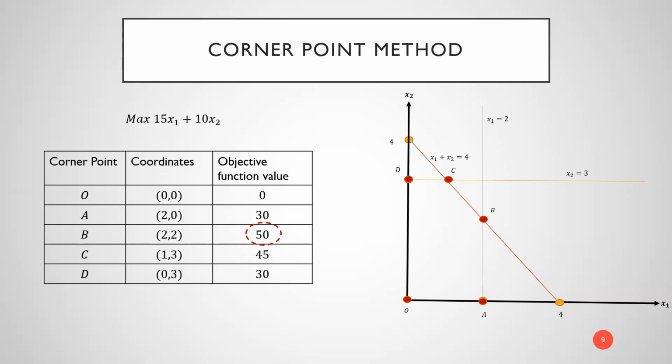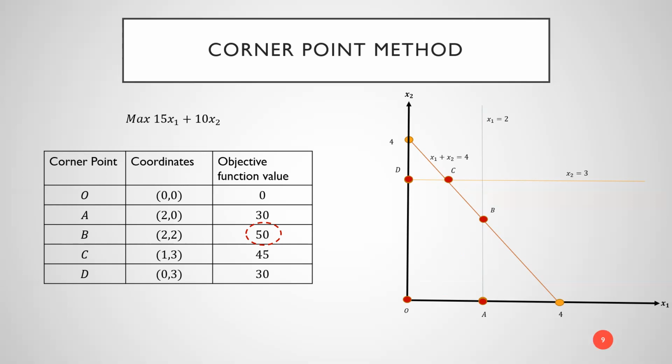So a corner point is a vertex of the feasible region. But remember, this is important: not every intersection of lines is a corner point. The corner points only occur at the vertices of the feasible region, all the corners of a feasible region.